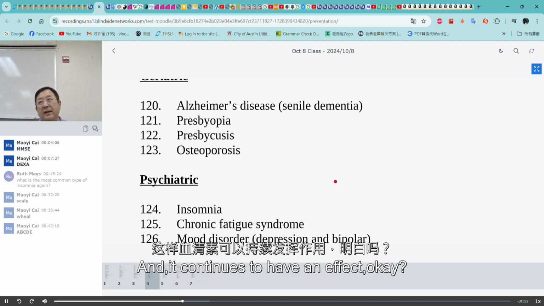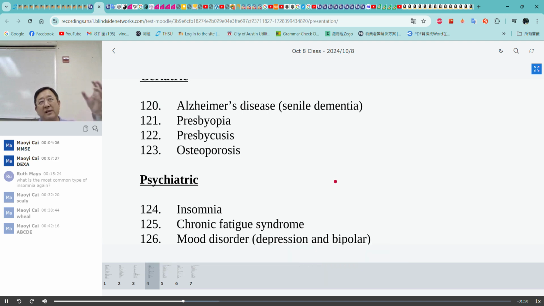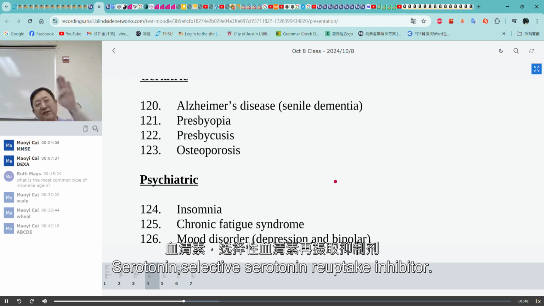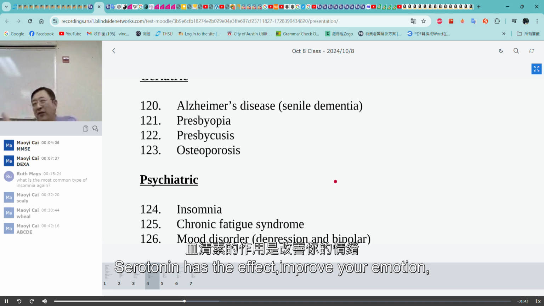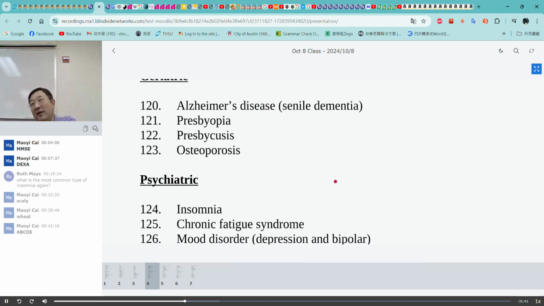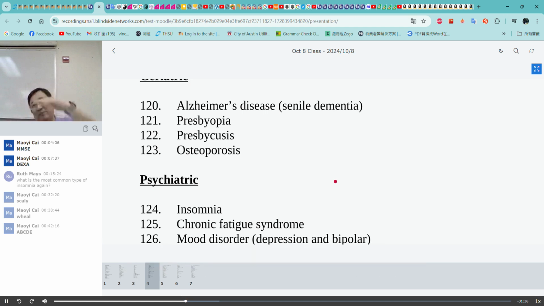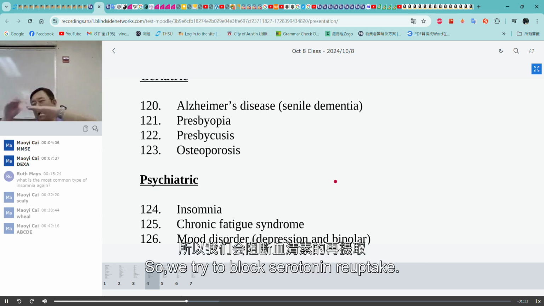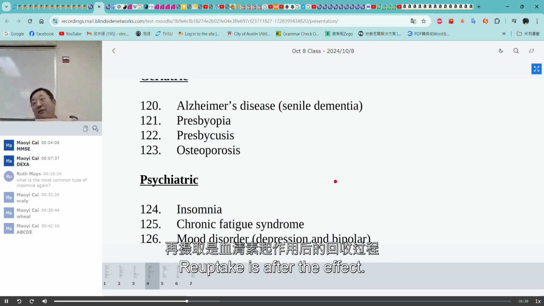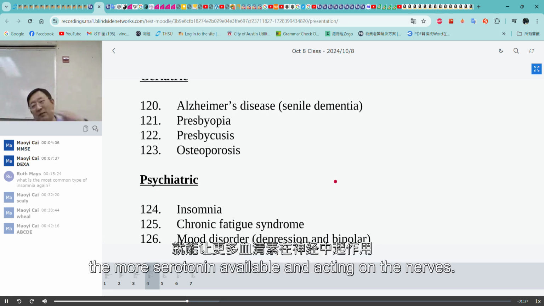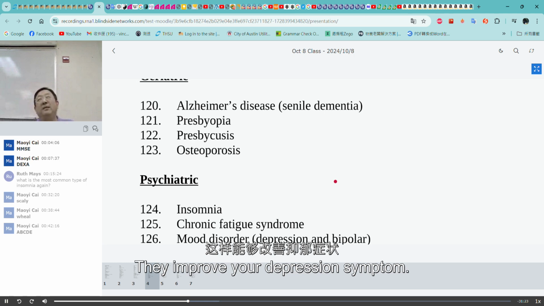Serotonin has the effect of improving your emotion, right? To avoid depression. But when a person has depression, serotonin level is probably low. How do you treat? We try to block the serotonin reuptake. Reuptake is after the effect. So we block the reuptake, the more serotonin available and acting on the nerves, then improve your depression symptoms.